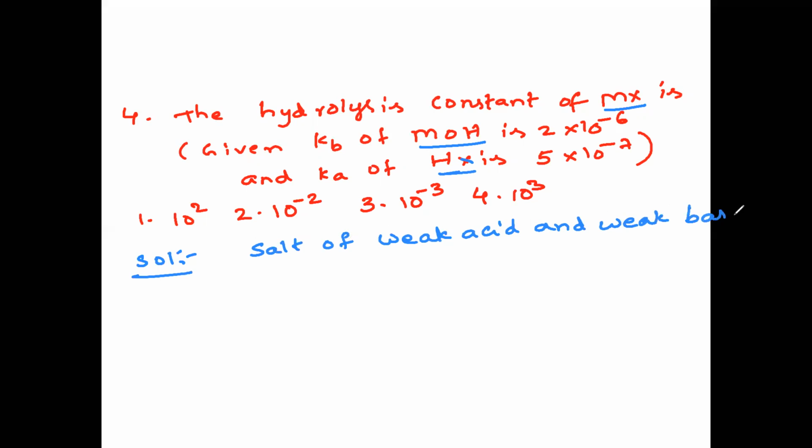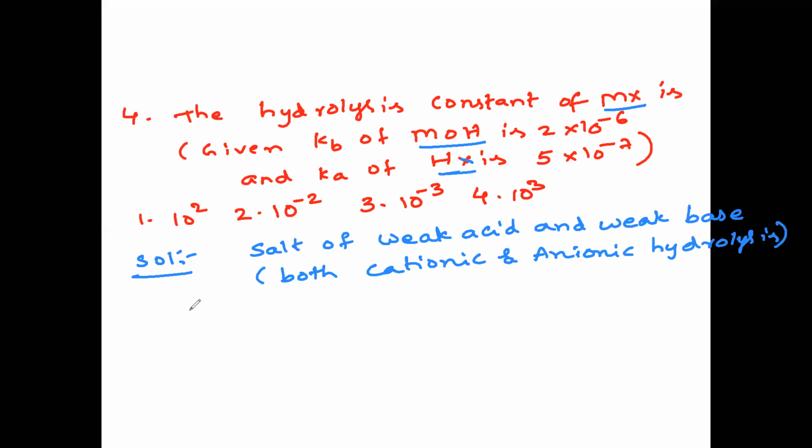It undergoes both cationic hydrolysis, because the cation will combine with water, as well as anionic hydrolysis. So the hydrolysis constant is calculated by the formula Kh is equal to Kw by Ka into Kb.